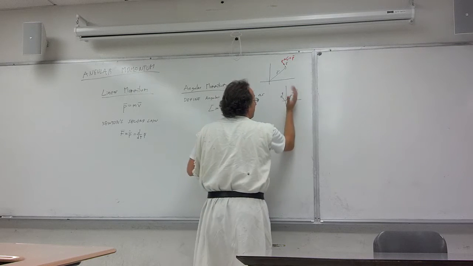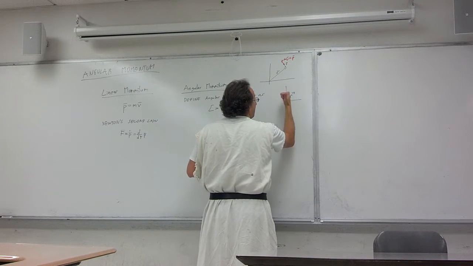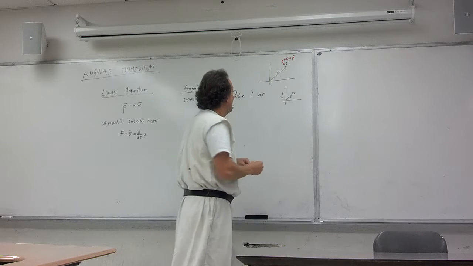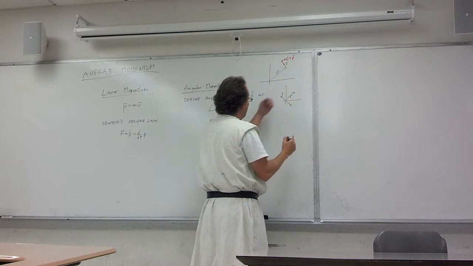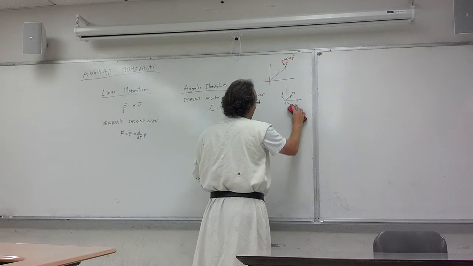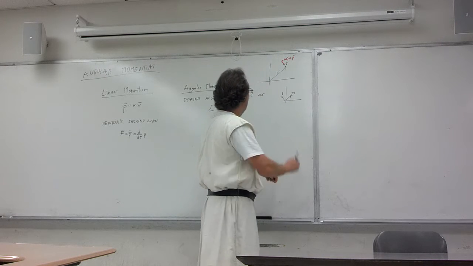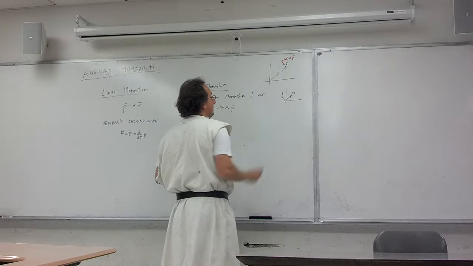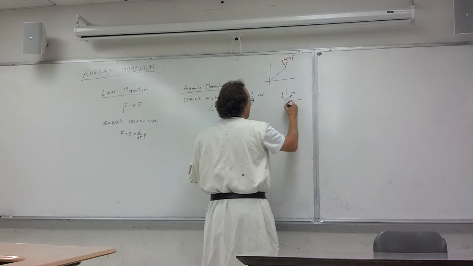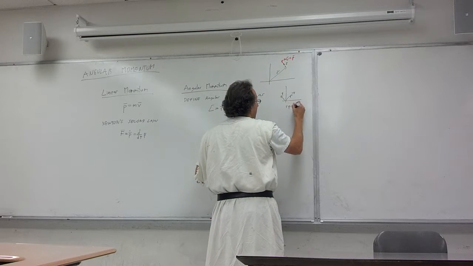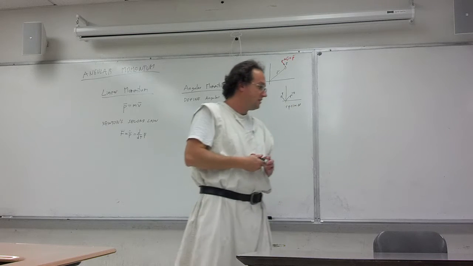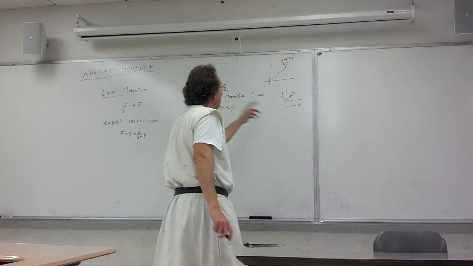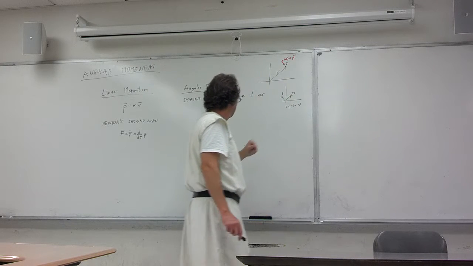The right-hand rule, curling your right hand from the R to the P, indicates that the cross product is pointing straight out of the board, and it has magnitude R P sine theta, where theta is the angle between the two vectors.